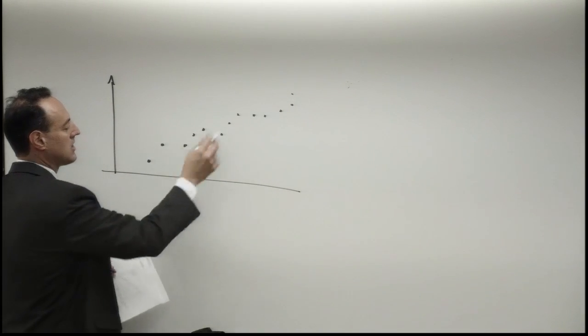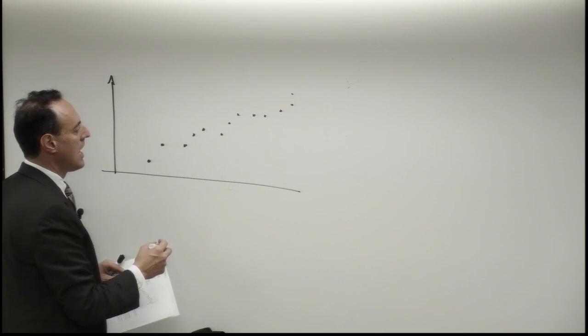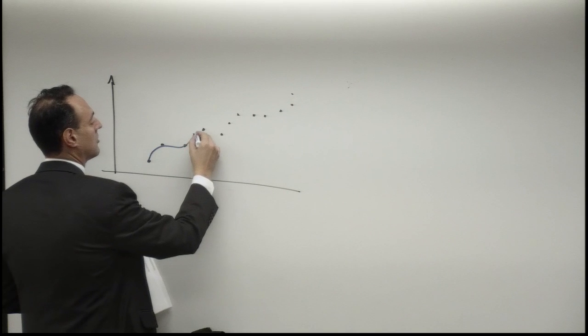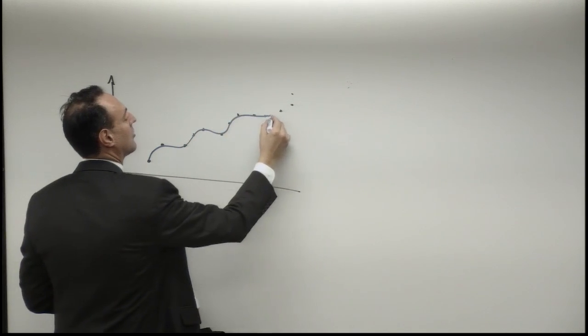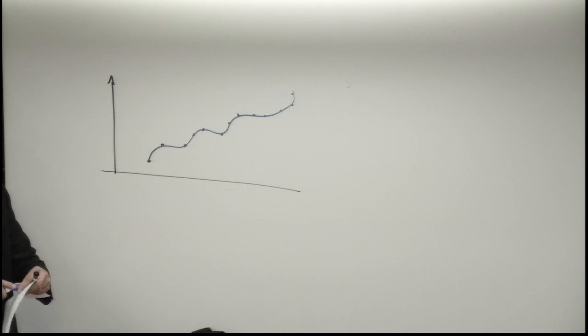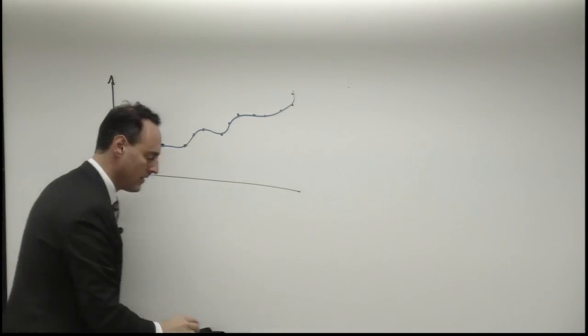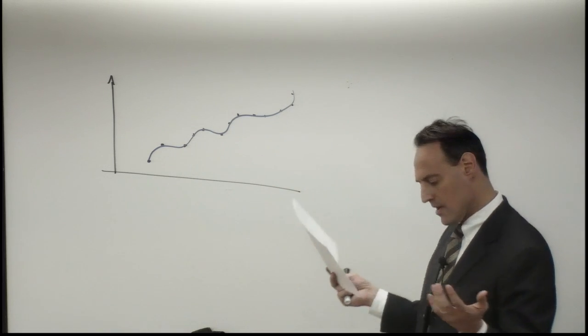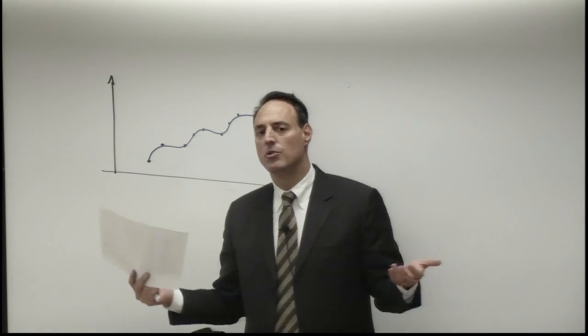So what I really would like is to see something like this. If I were to draw something that goes through this, maybe you do something like this, where it's nice, smooth, goes through all the data. Let's talk about smoothness. How do you measure smoothness of a function?